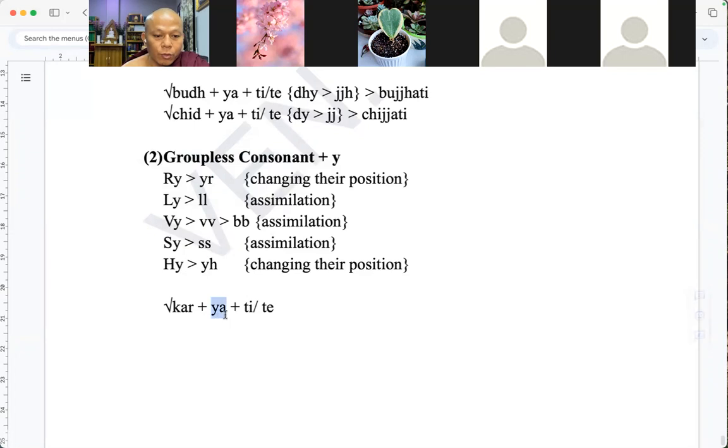Even though ya is added to the root, it is inserted in this way.